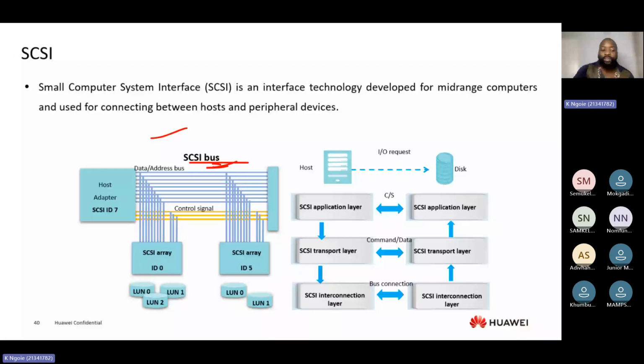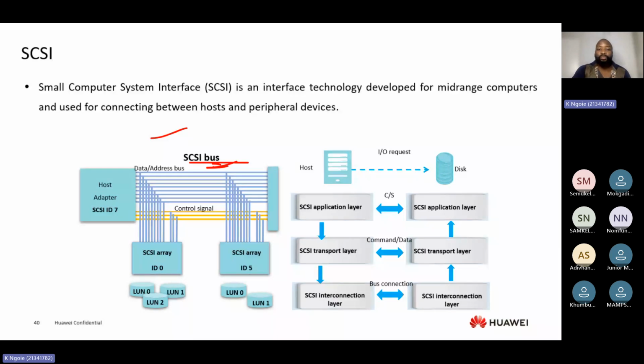You can plug in a device that you just want to charge, so you have different types of devices plugged into the same unit. This is how the bus architecture works in SCSI.